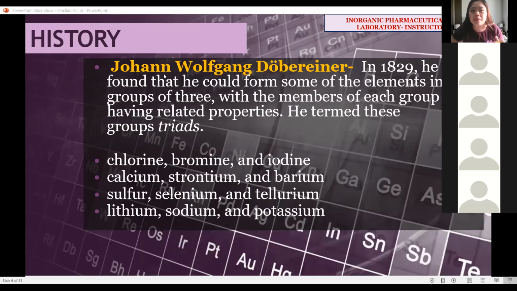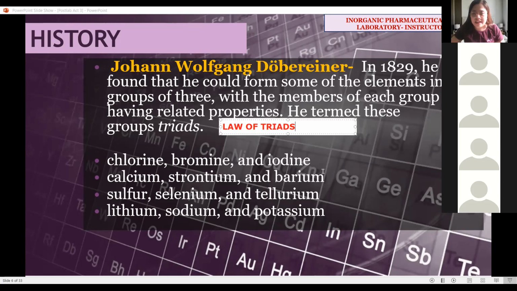So another notable name is Johann Wolfgang Dobereiner. What you need to remember, since a lot is written on the slide, even on the reporters' slide, is that when you hear the name Johann Wolfgang Dobereiner, let us remember the law of triads.